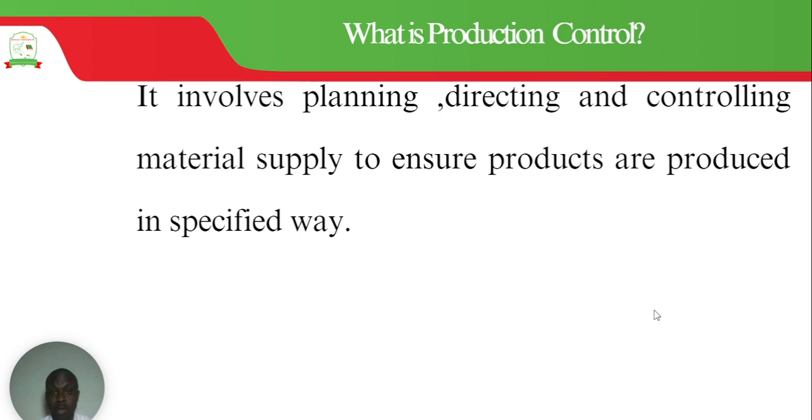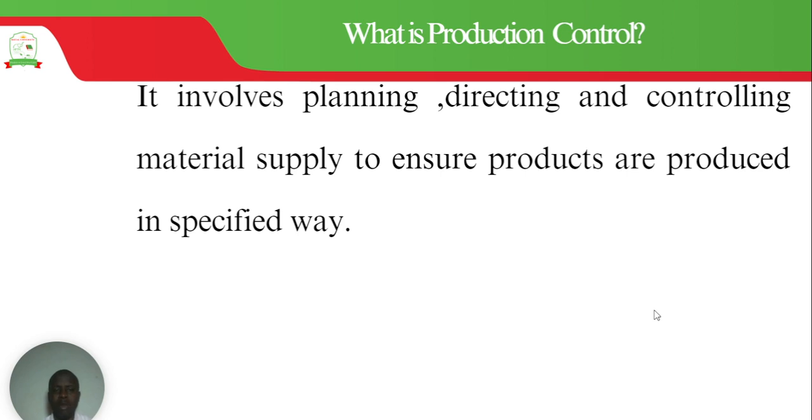Now we ask ourselves a very, very important question. What is production control? We are saying it involves planning, directing, and controlling material supply to ensure products are produced in a specified way. So it is very, very important to ensure we are practicing production control. It will bring us to the aspect of ensuring we have our eye on the ball, eye on what you are producing.